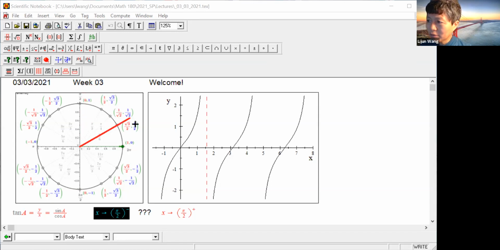So this is the scenario. Approaching pi over 2 from smaller than pi over 2, getting closer and closer, never overlapping with that vertical line, but getting infinitely close to it. Can I be closer yet?